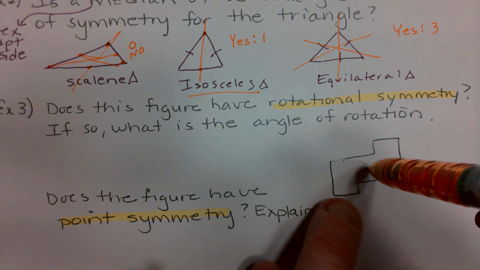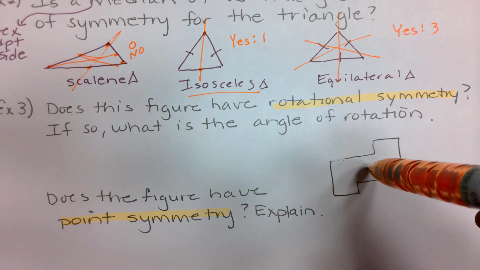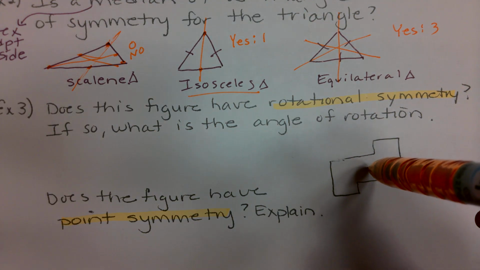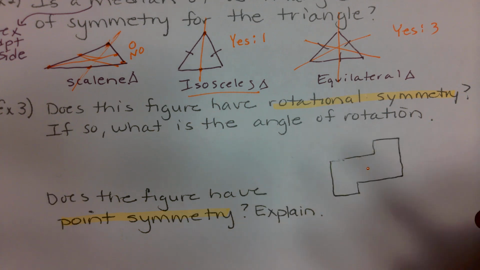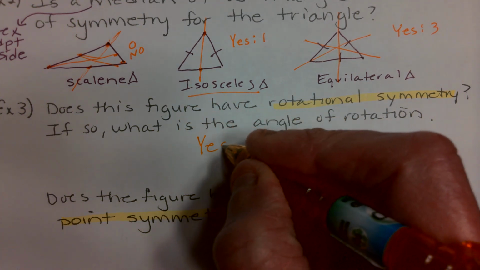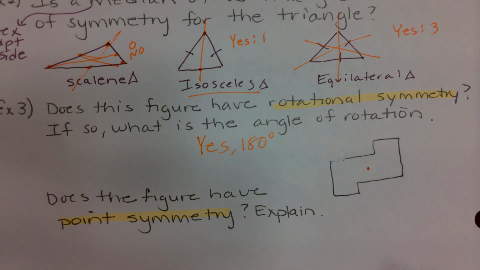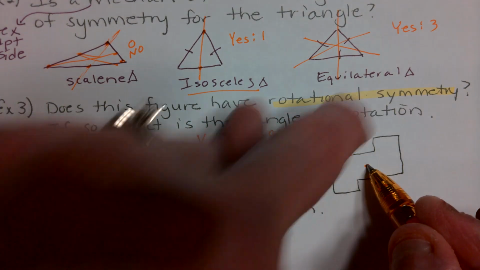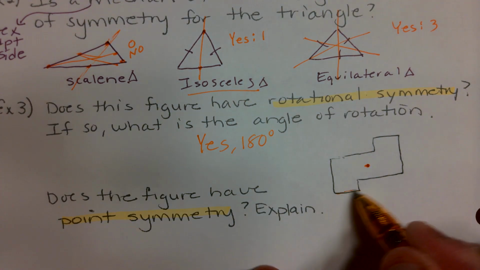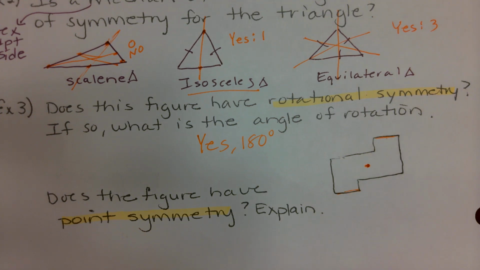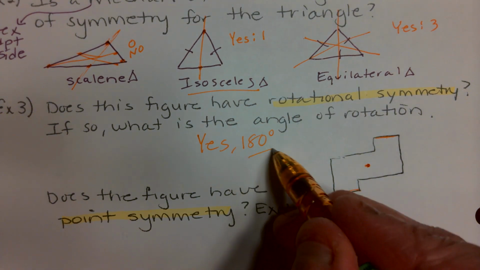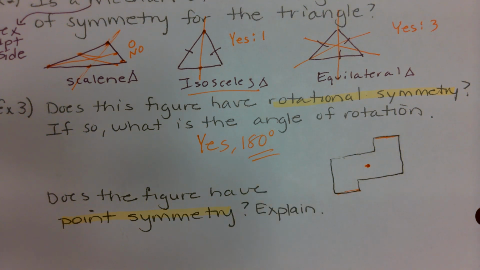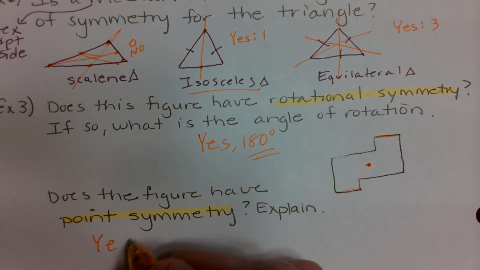How many degrees would I have to rotate this whole thing for this corner over here to land on top of this corner over here? Correct, 180 degrees. It would have to spin halfway around. If I just held this here and this was a loose thing and I just spun it around for this to line up on top of here. So what does that mean down here then? Since it was 180, it means yes.